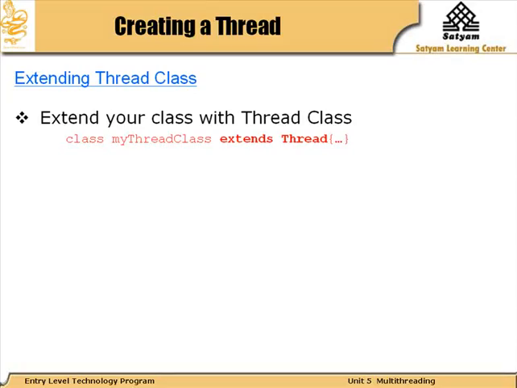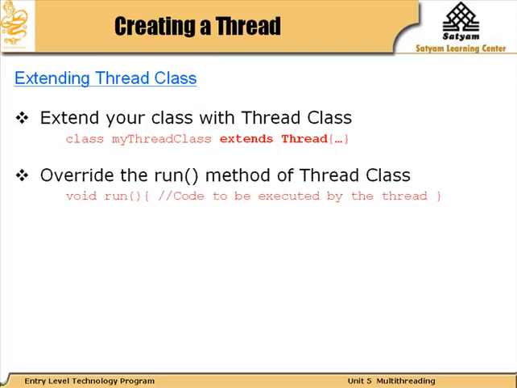Creating a thread by extending the thread class. Extend your class with thread class. As you see here, class myThread class extends class thread. Having extended the class thread, you need to override the run method. As discussed earlier, the method run acts as a point from where the thread execution begins.